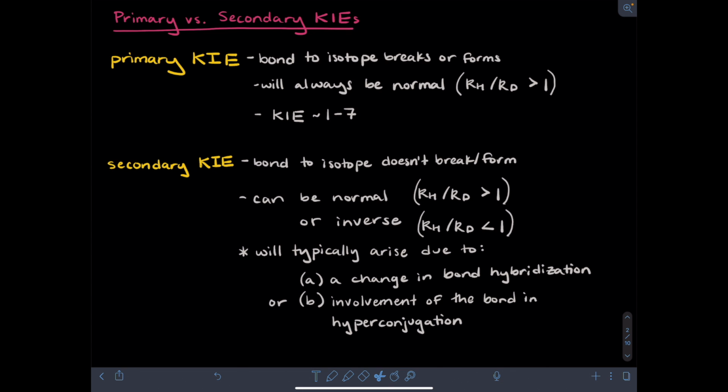The reasons you might see a secondary kinetic isotope effect are if you have a change in bond hybridization, or the bond is involved in hyperconjugation. Secondary kinetic isotope effects, if they're inverse, will typically be between 0.7 and 1, or if they're normal, they'll be between 1 and 1.4.